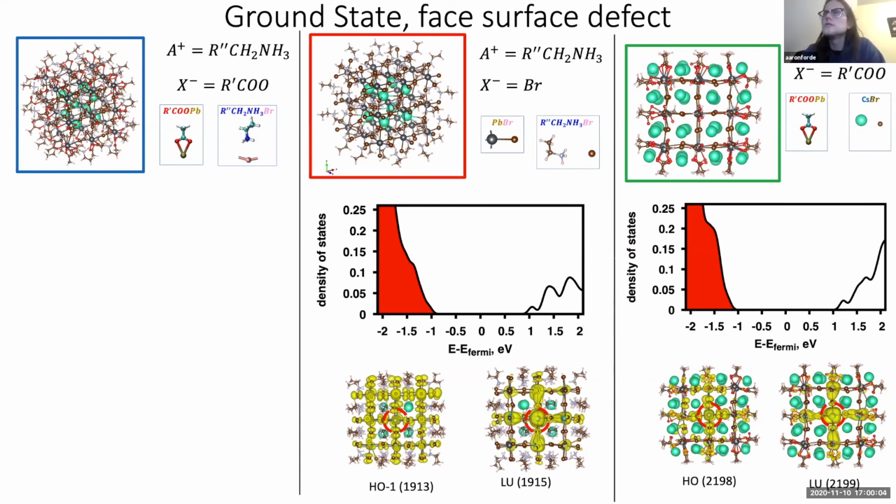Yeah, so I don't have too much more to say. The only other thing I'll say is that if there was a trap state, we'd expect to see more of the density localized near where the defect is. But so far in this case, we haven't seen any orbitals that show that character.